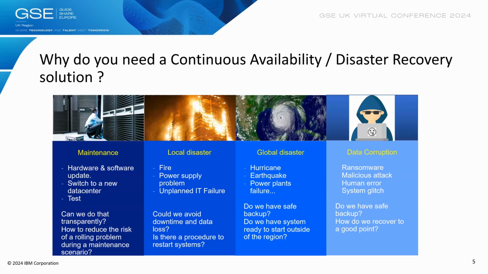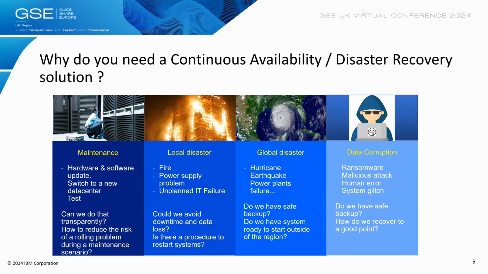And finally, new kinds of threats have emerged in the past few years in the scope of data corruption. Malicious attacks, ransomware, human error, or system issues could corrupt your data, and it could be difficult as part of the recovery process to identify and exploit the most recent non-corrupted version of the data.